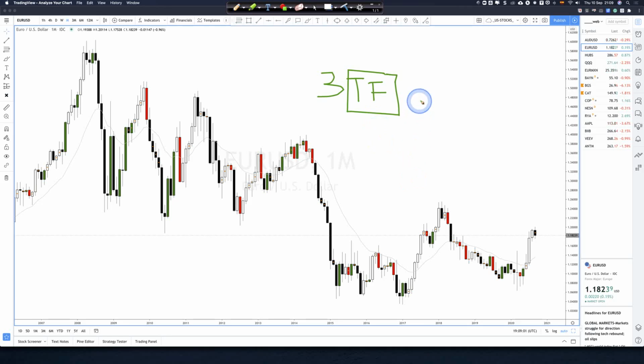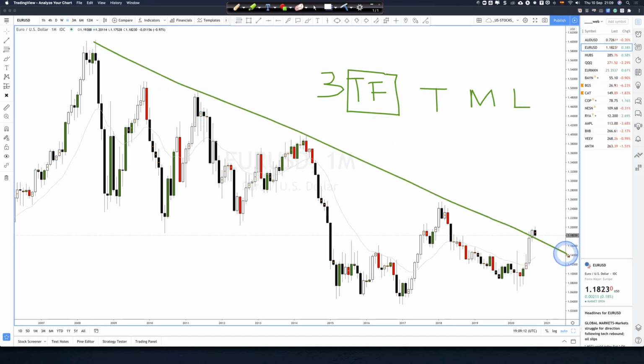Because if we are using the top time frame, the middle time frame, and the lower time frame, and we start drawing trend lines like most people do, something like that, which is great, they will say there was a touch here, another one over there, great.